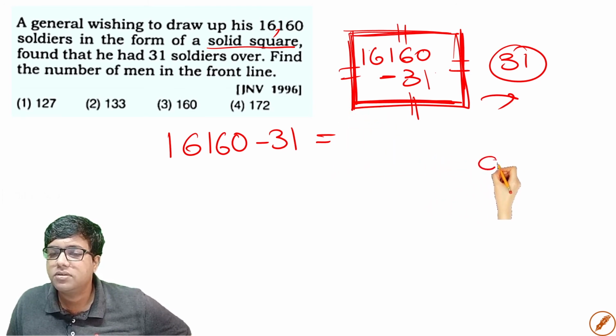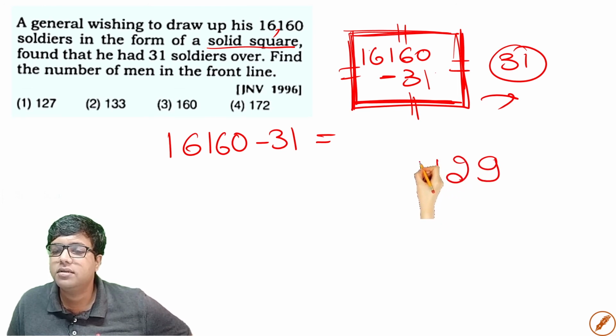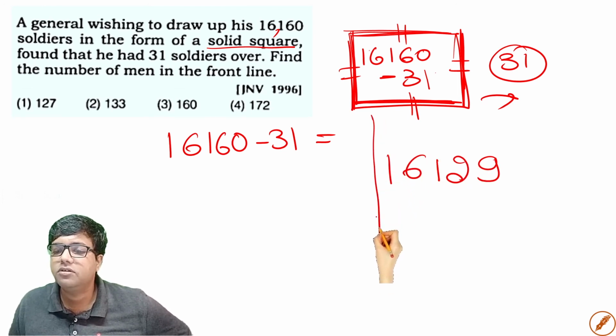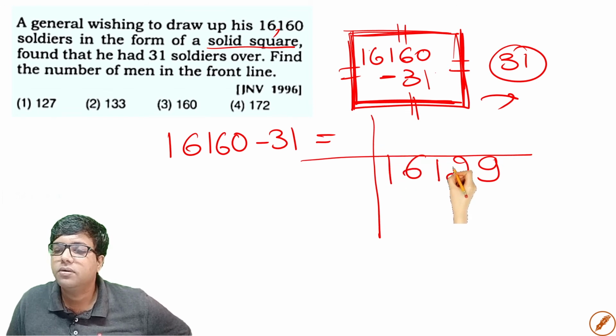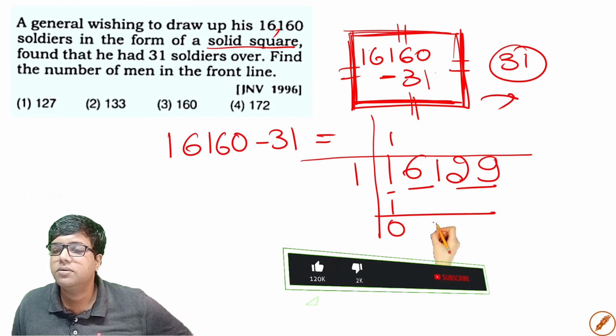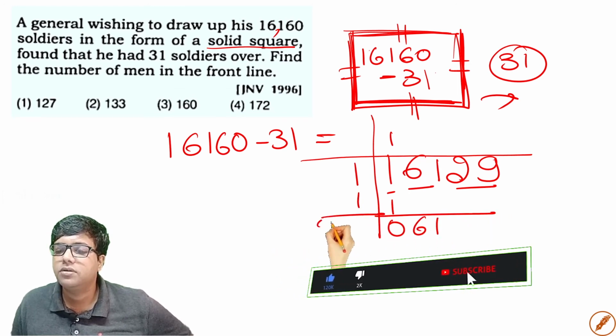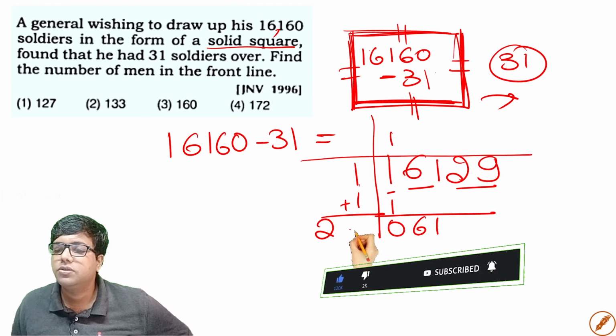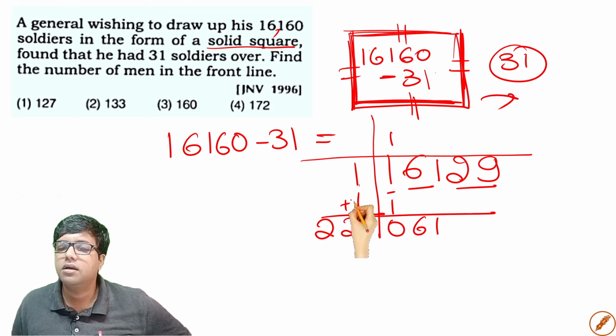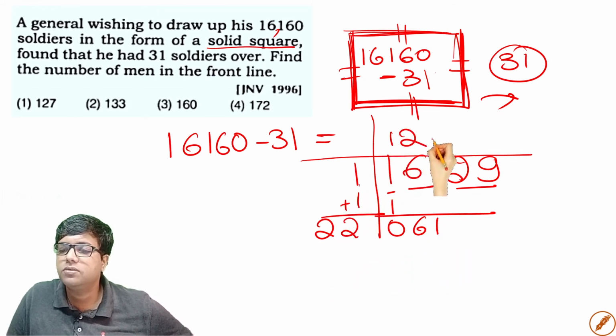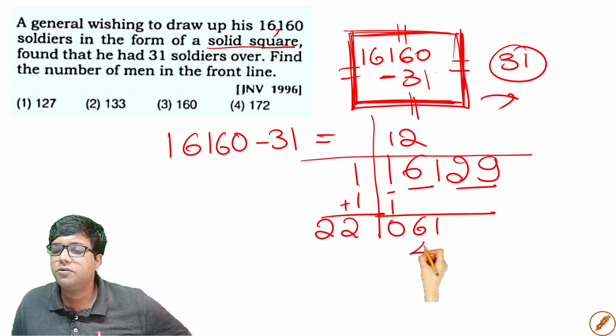So 9, 2, 1, 6, 1. We need to find the square root. Okay, pair them up. 1, 1s are 1, 0, 61 will come. 1 plus 1 is 2, 2 2s are 44.